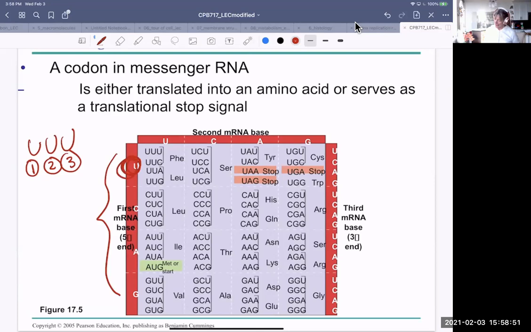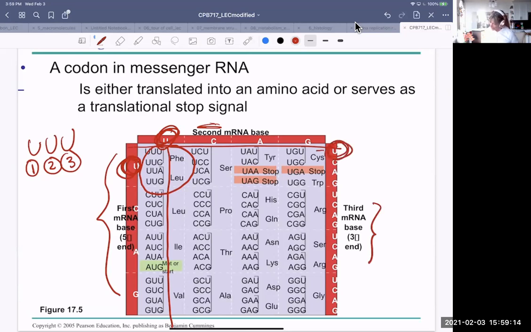So we know that we're looking at this row. The second base, we're looking for the second base. Here it is here, U. So we know we're looking in this column. So it must be in this box here. Then we look for the third U. This is the third base. Here it is here.